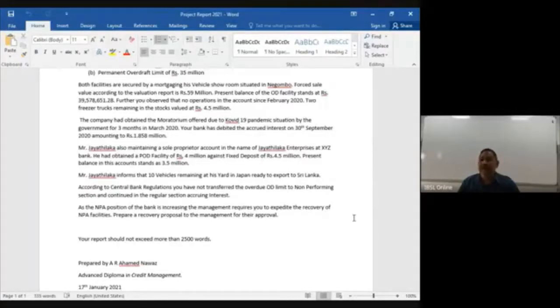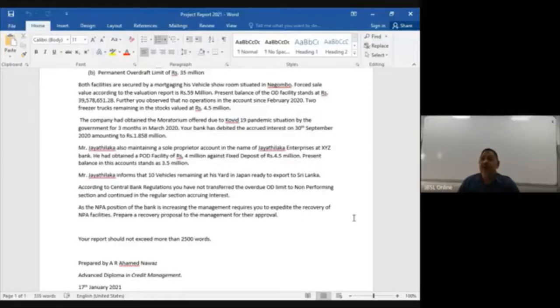Mr. Jayatilaka informs that 10 vehicles remain at his yard in Japan, ready to export to Sri Lanka. So whatever vehicles he purchased in Japan remain in his yard, ready to export to Sri Lanka.